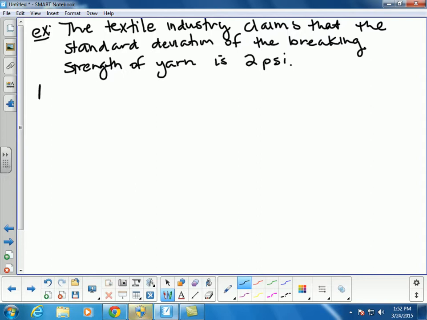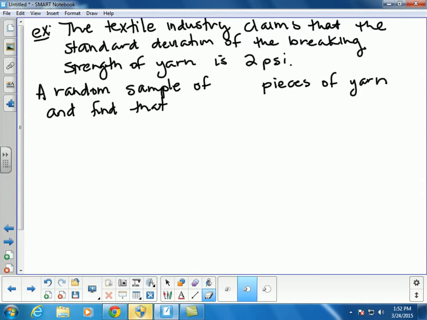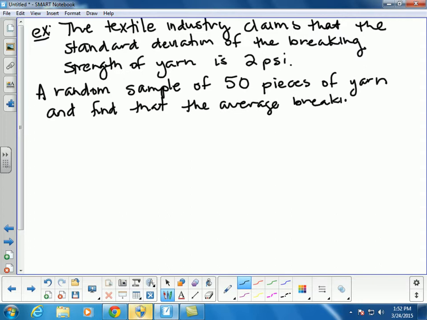So if we take a random sample of 50 pieces of yarn, and we find that the average breaking strength is 98 psi.